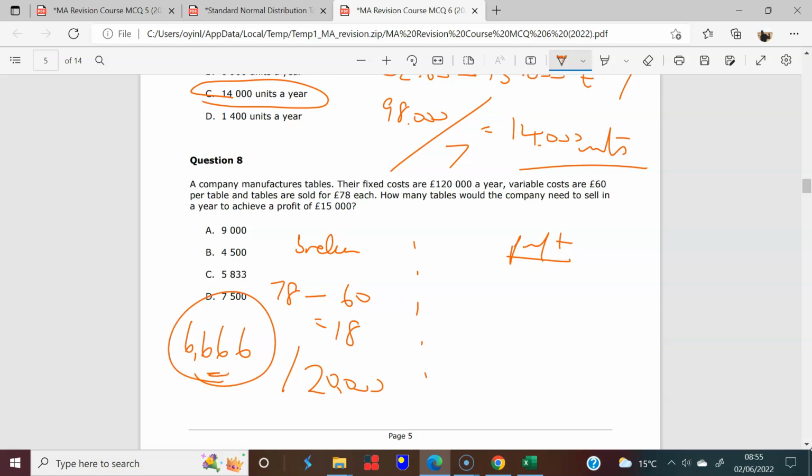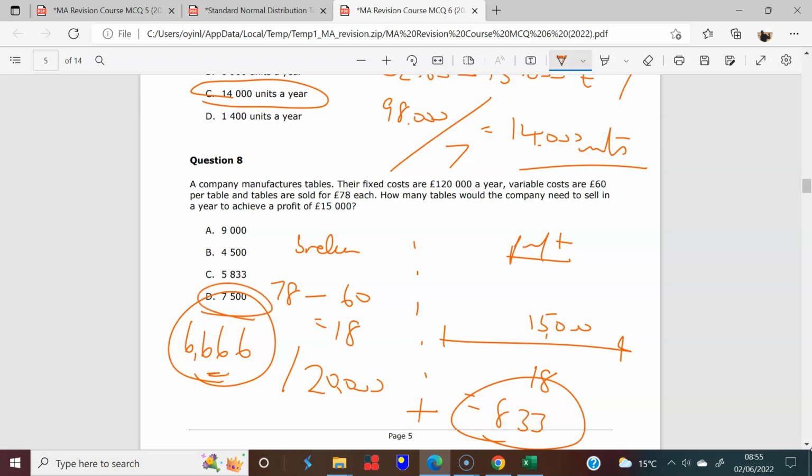Now, it then says you need to go ahead and make a further profit of 15,000, and I'm making 18 on every table. So therefore, 15,000 divided by 18 is 8,333. So I need to make an additional 8,333. So in effect, add this 8,333 to your 6,666, and you'll get 7,500.